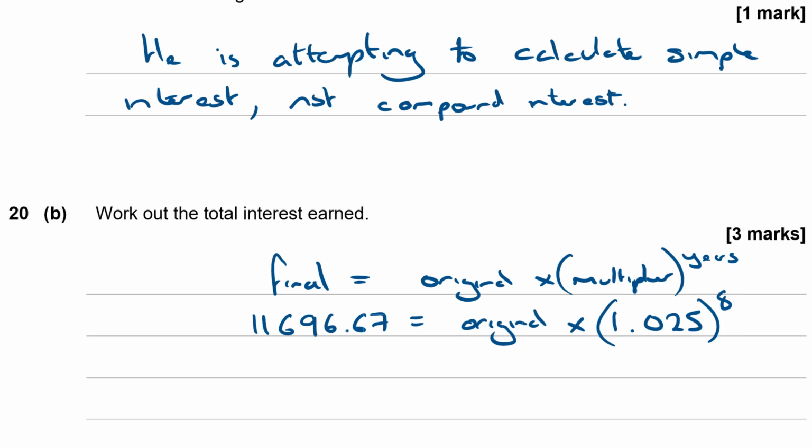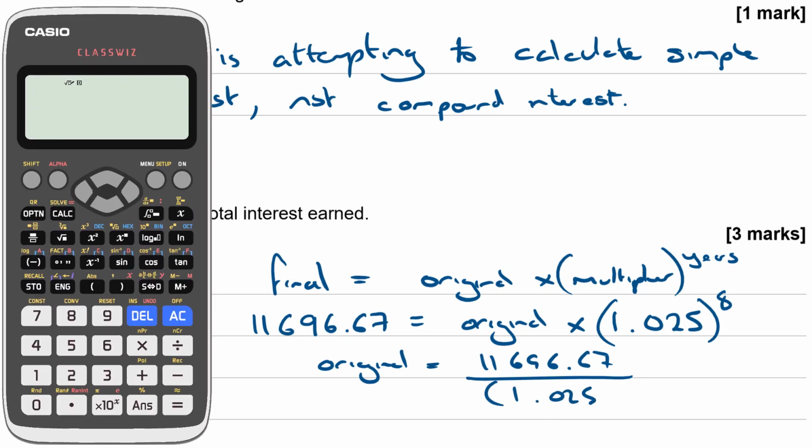So then rearranging that, our original amount is going to be 11,696.67 divided by 1.025 to the power of 8. Type that into the calculator.